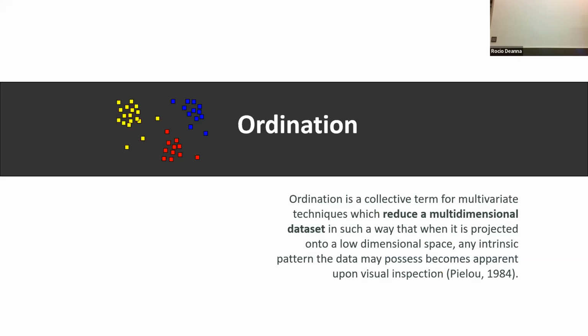And then we have ordination techniques. So as you know, ordination is a collective term for multivariate techniques to reduce a multidimensional data set, in a way that projects it in a low dimensional space, and in that way see what the patterns of the data are.